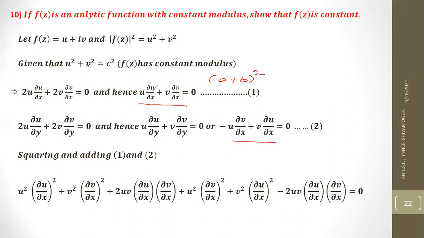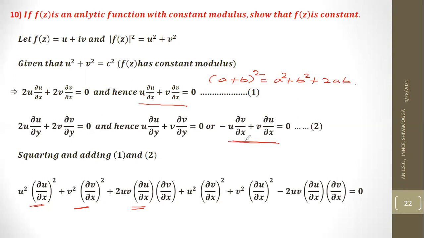Its expansion is a square plus b square plus 2ab. a square is u square into del u by del x whole square, plus b square is v square into del v by del x whole square, plus 2ab, 2 into u into v into del u by del x into del v by del x, plus.